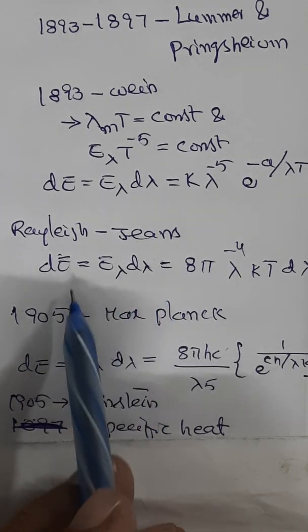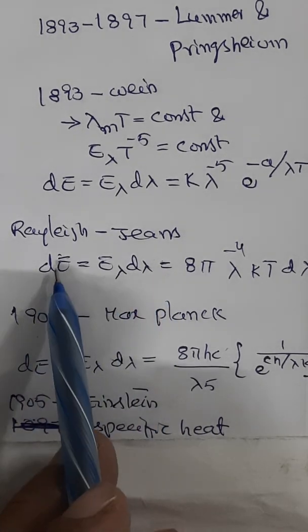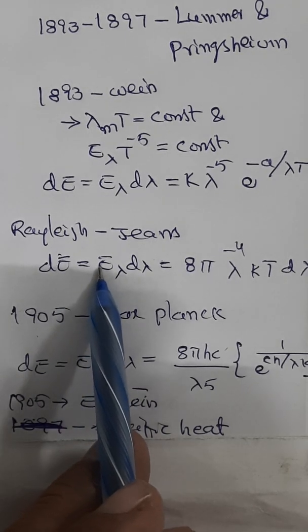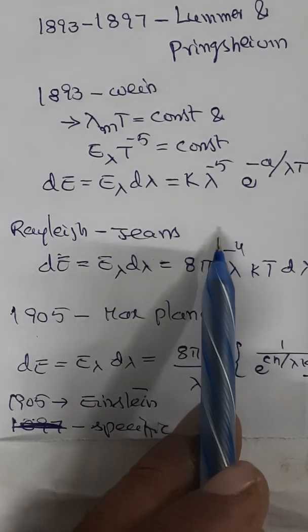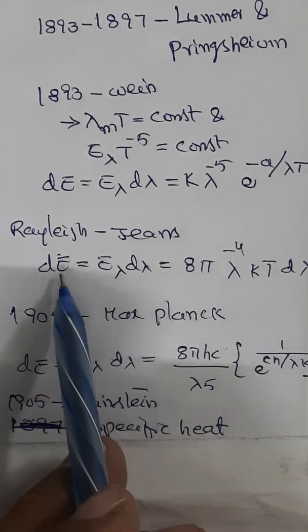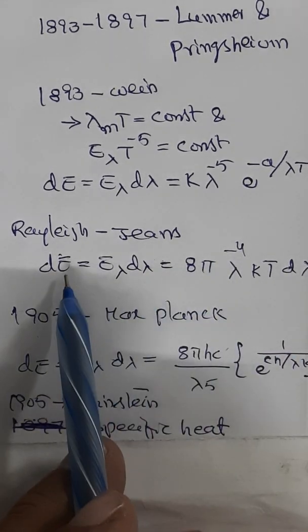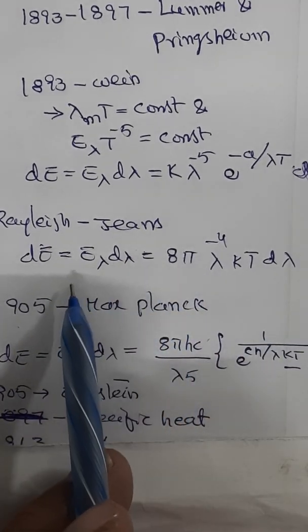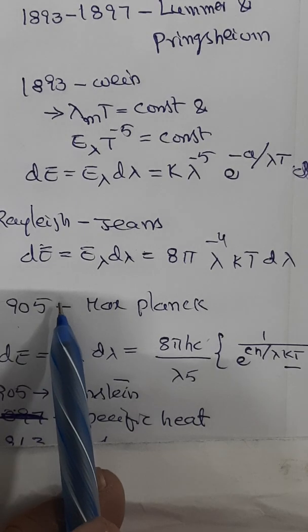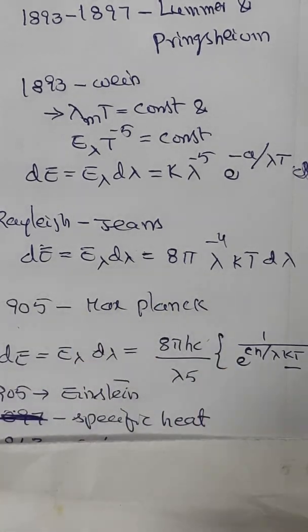They derived this formula: dE equal to E_lambda d lambda, that is equal to 8 pi lambda to the power minus 4 kT d lambda. Now down the line we shall see how Rayleigh and Jeans derived this equation theoretically. Now here k is nothing but the Boltzmann constant.